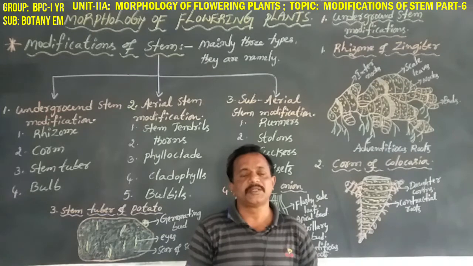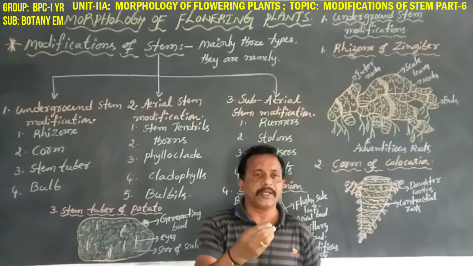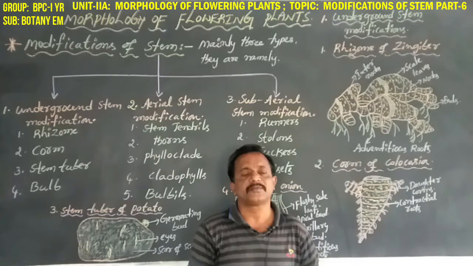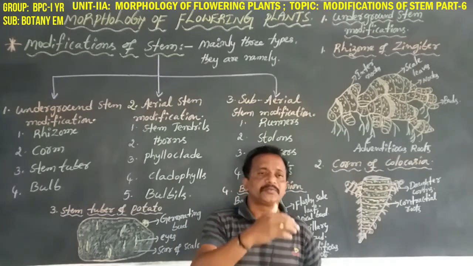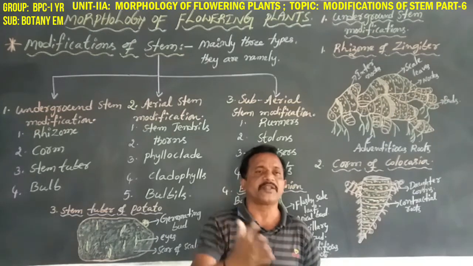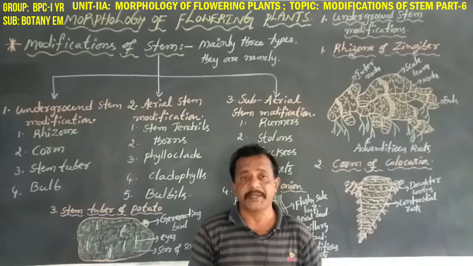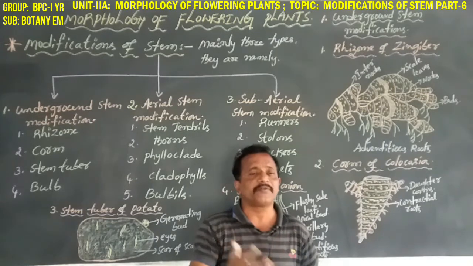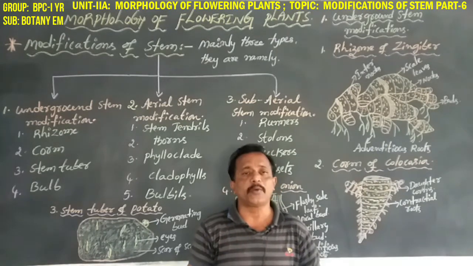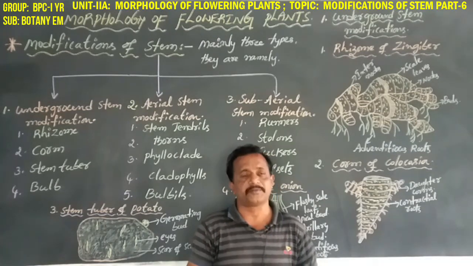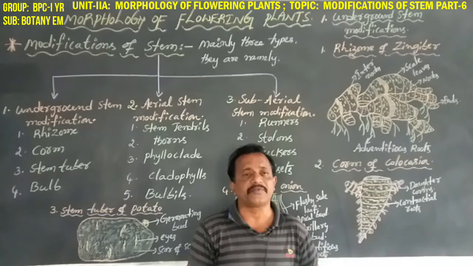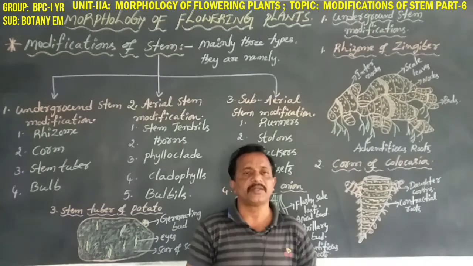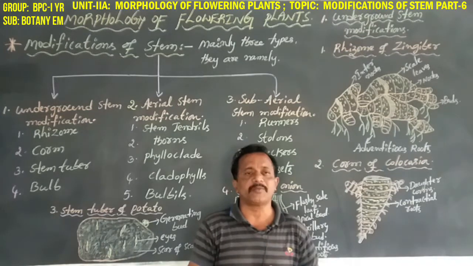Dear students, in some plants the stems grow into the soil, in contrast to the aerial habit. Their main functions are storage of food materials, perennation through unfavorable seasons, vegetative propagation and protection. So once again, what is meant by underground stem modification?